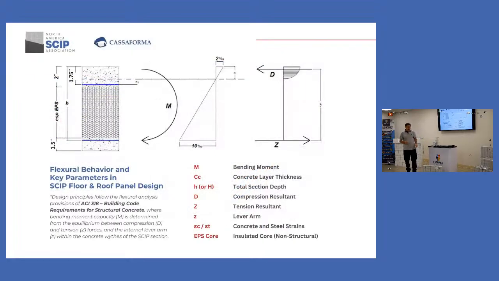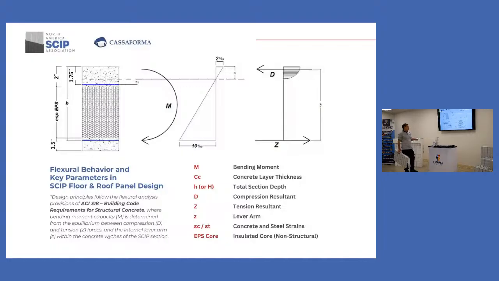I remember the first time I saw the system, everyone was cautious about walking over the floor, because they said, well, this is EPS. So let's dig into that. You have something on the top, which is the compression, where we pour the concrete.